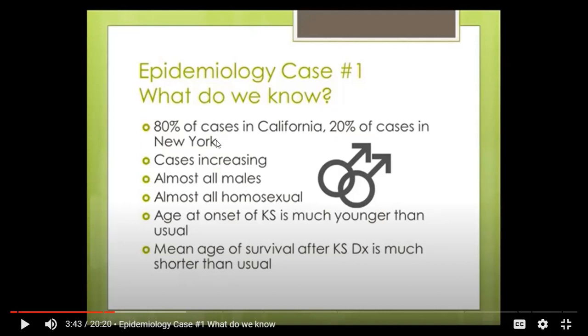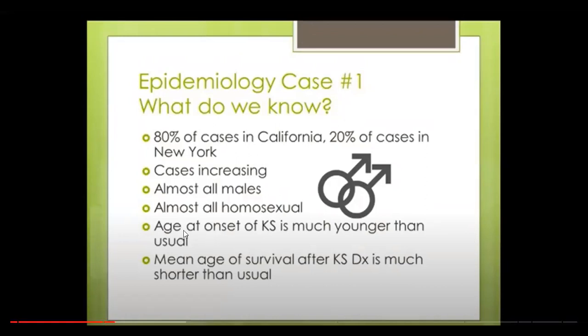After the summary, they said cases are increasing. Almost all patients are men, and also they have a history of homosexuality, meaning they are gay. Also, the age at onset of Kaposi sarcoma is younger than usual, and the mean age of survival after Kaposi sarcoma is much shorter than usual.